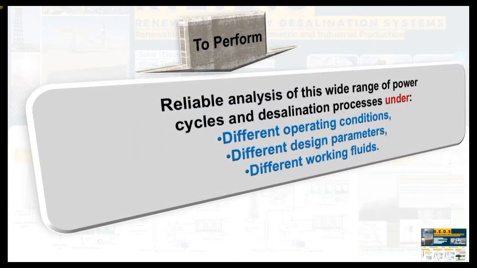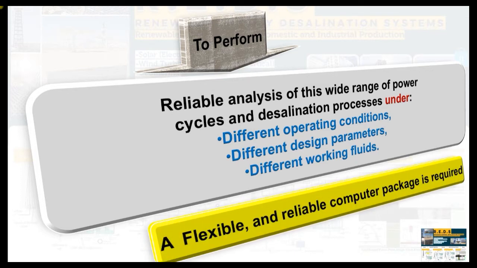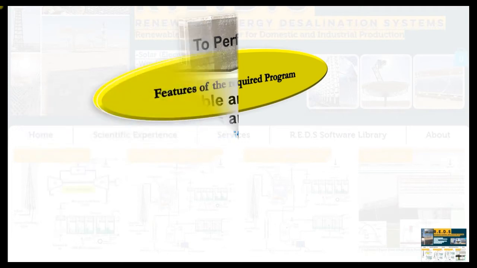In order to perform reliable analysis of this wide range of power cycles and desalination processes under different operating conditions, different design parameters, and different working fluids, a flexible and reliable computer package is required. That is our target, in order to answer the first question: what is the cost of 1 meter cube per day of distilled water?